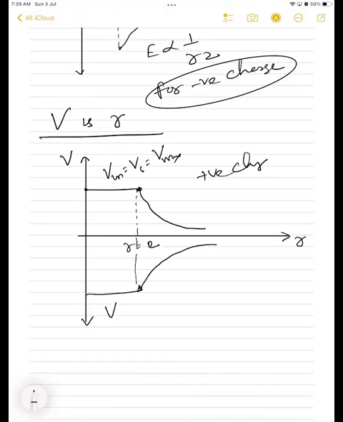On the surface for the negative charge, V in is equal to V surface is equal to minimum, right? That is the setup for the negative charge.